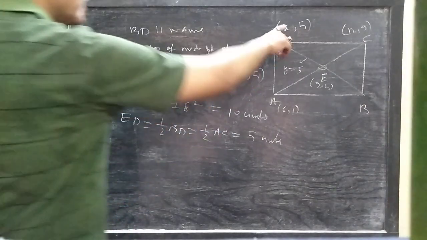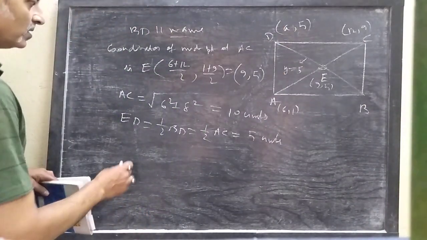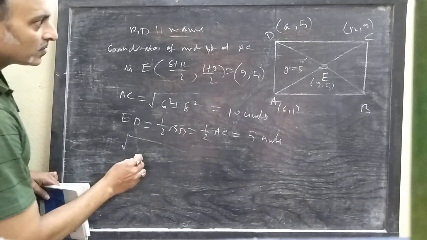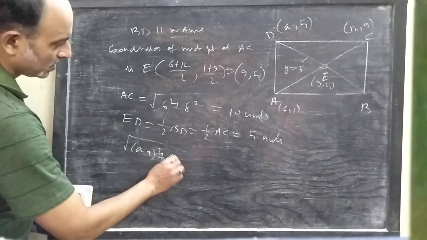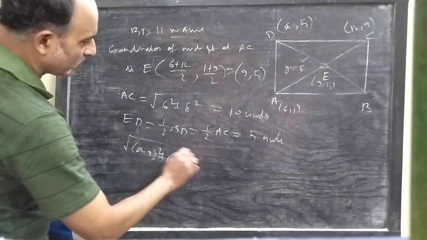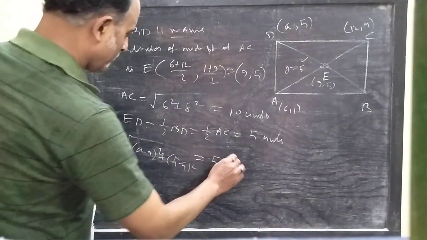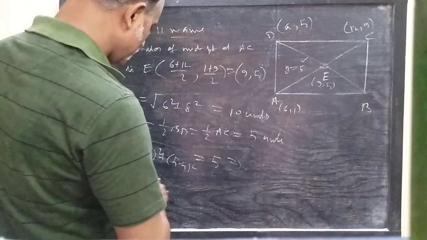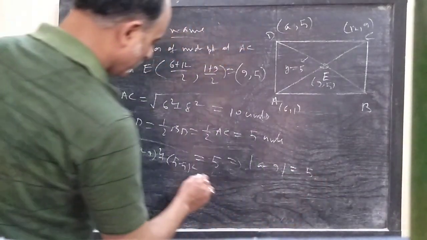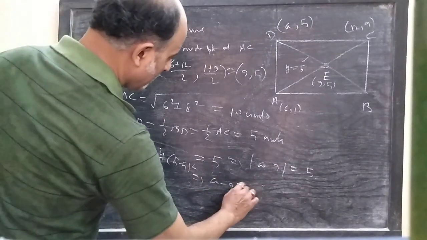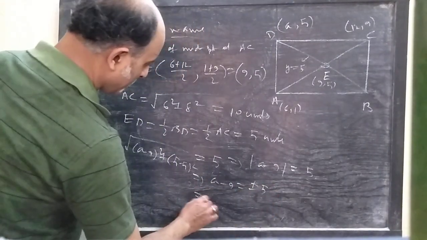Now you have considered D as (a, 5). So now you can write the square root of (a minus 9) whole squared plus (5 minus 5) whole squared equals 5. That implies you get mod of (a minus 9) equals 5. That gives a minus 9 equals plus or minus 5.